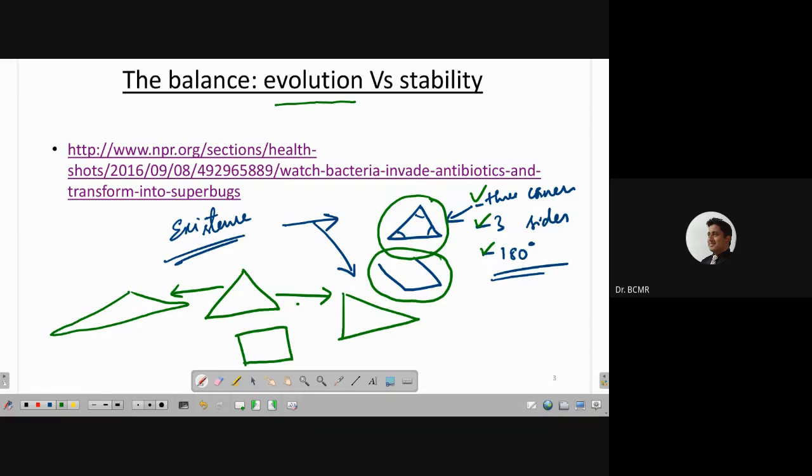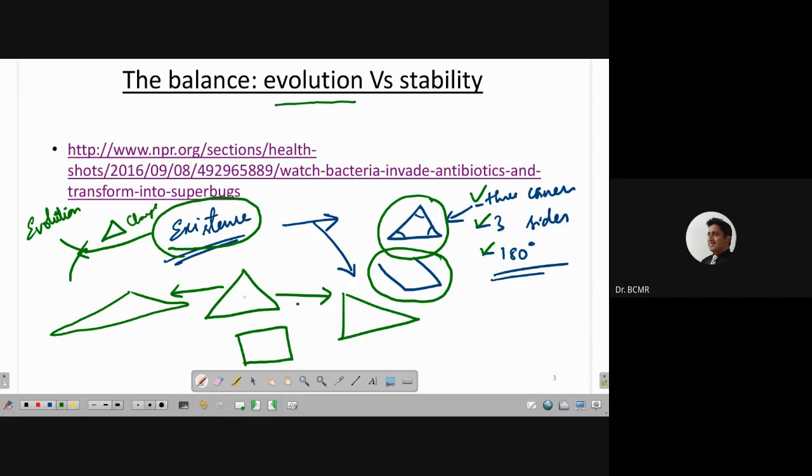Everything is existence, and if there is any change to existence, I'll put it as delta, that is change. If change is there, then there are always two possibilities. One is evolution, that is changing into a different thing.